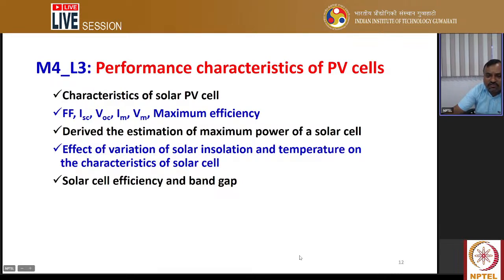And then we have derived the estimation of maximum power of a solar cell, the equivalent circuit diagram, and how series resistance and shunt resistance contribute in the circuit, and the effect of variation of solar insolation and temperature on the characteristics of solar cells. And then finally, solar cell efficiency and band gaps were discussed.